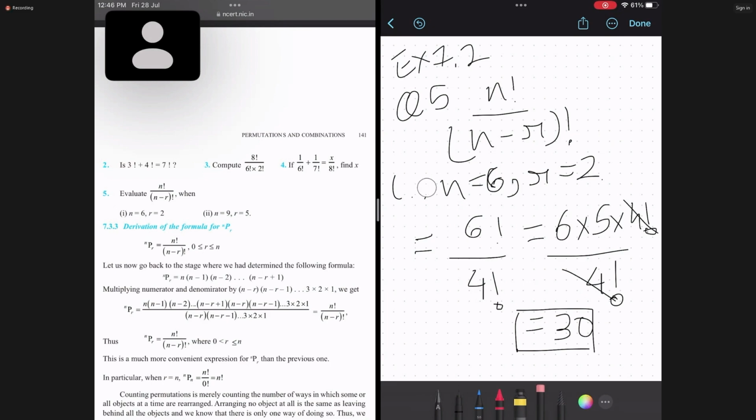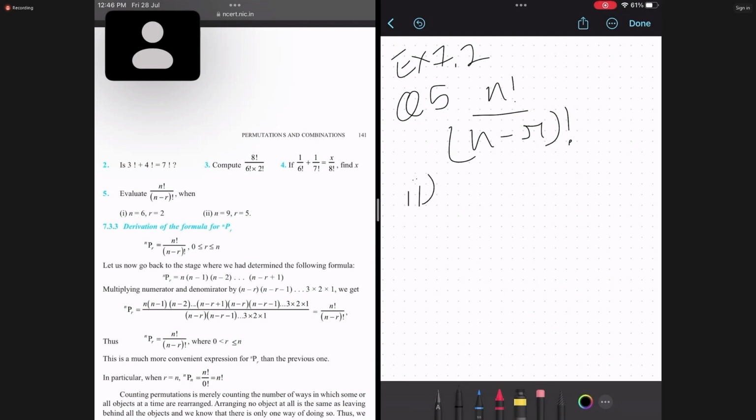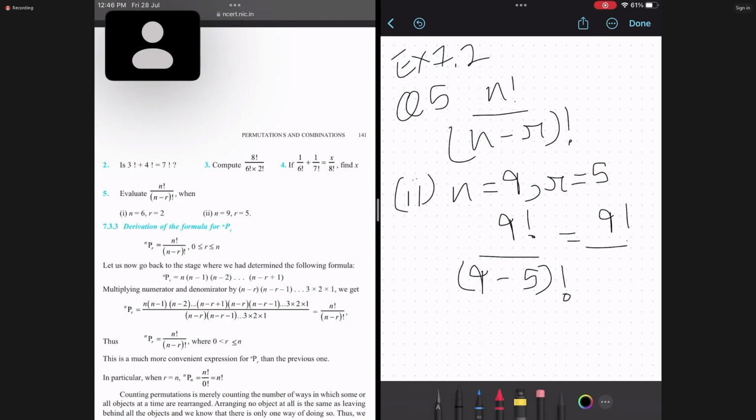Moving on to the second part. Second part, we have n equals to 9, r equals to 5. We have 9 factorial upon 9 minus 5 factorial, correct, which is nothing but 9 factorial upon 4 factorial.